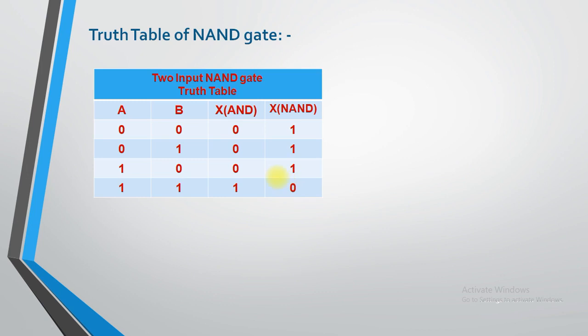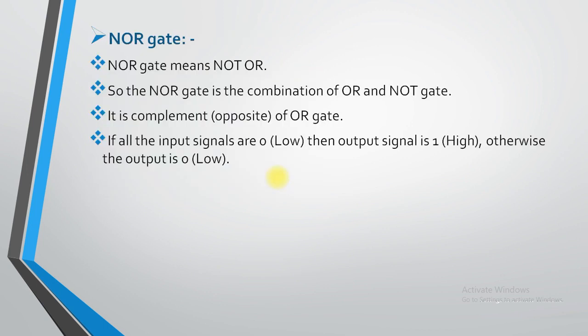So this is called NAND gate. Now the second gate of universal gate is called NOR gate. Like NAND, NOR means not OR. So we can say the NOR gate is the opposite gate of OR gate, or it is a combination of OR and NOT.